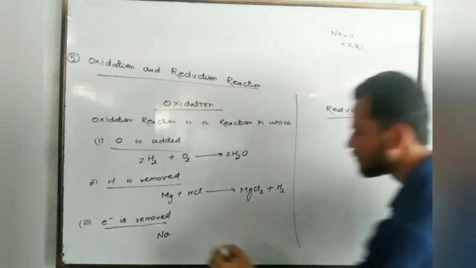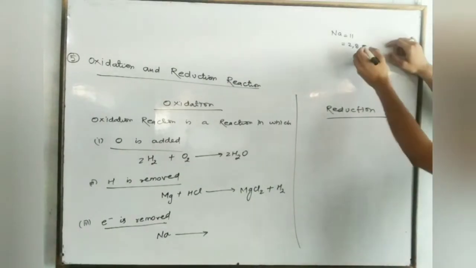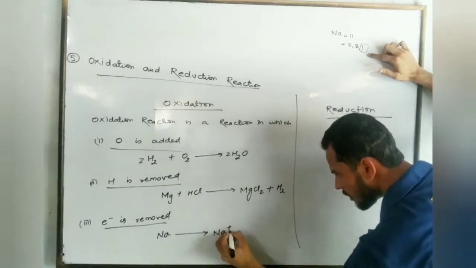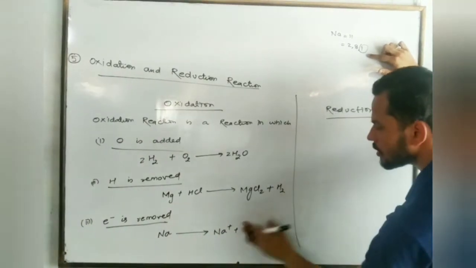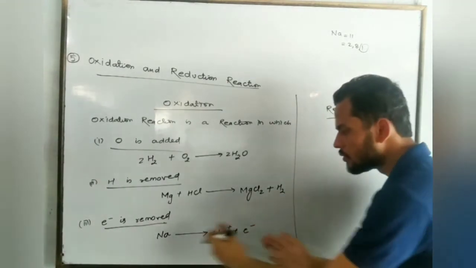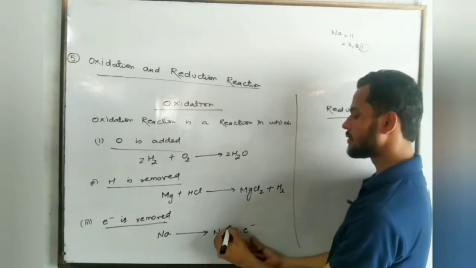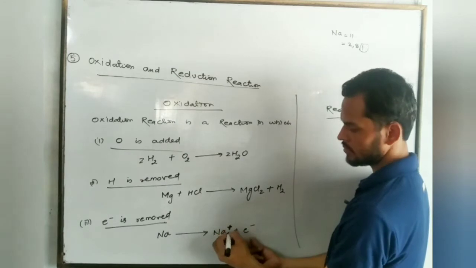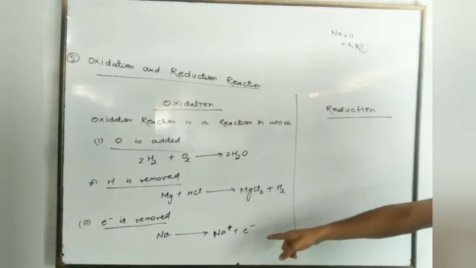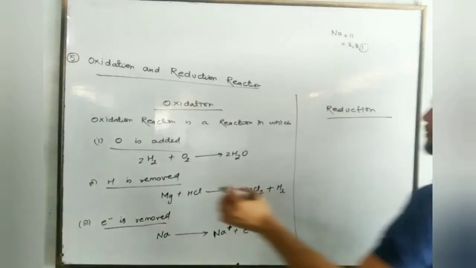So when it removes its one electron from its outermost shell, then what do we have? Na positive and electron negative. So in this reaction, an electron is removed from sodium, na? Because one electron is removed, we use the +1 sign on the upper side of the sodium. So here an electron is removed from the outermost shell. So in this case oxidation takes place. Okay, so that is the example of oxidation reaction.